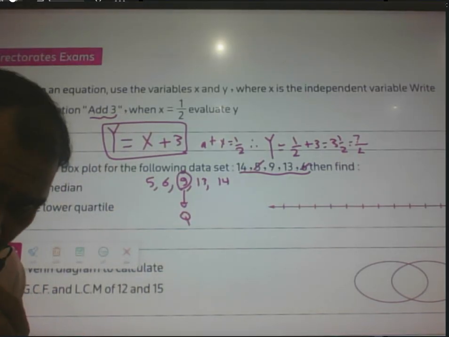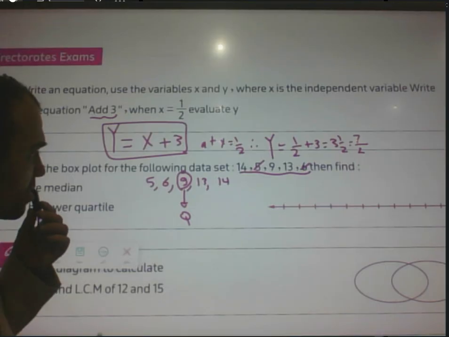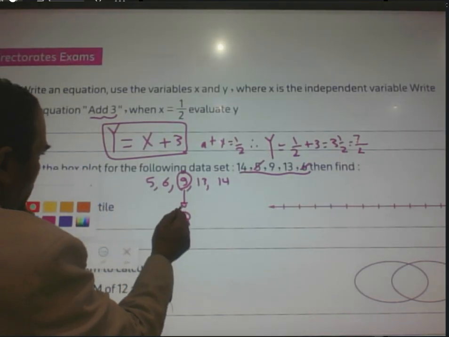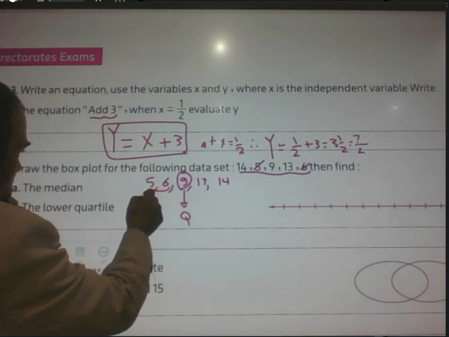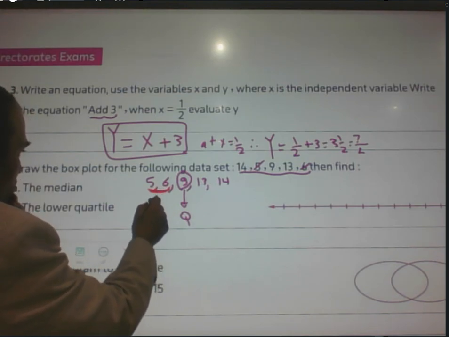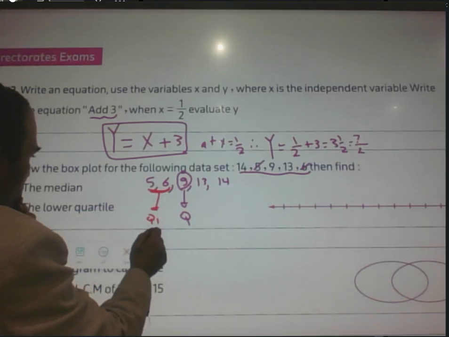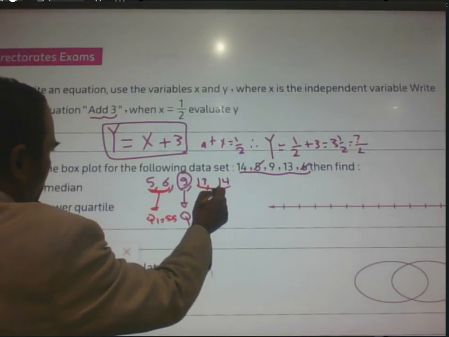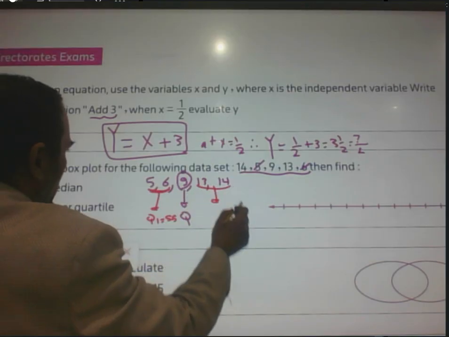Q here is the median. Do you remember the median? And we can find the number that lies between 5 and 6: 5 plus 6 equals 11, divided by 2. It will be quartile number 1, which is 5.5.